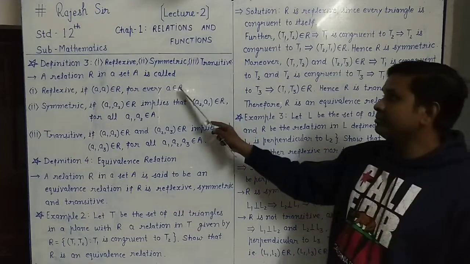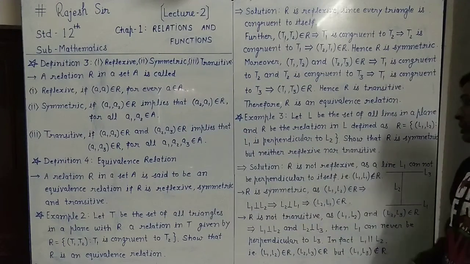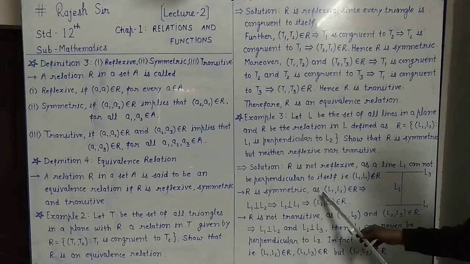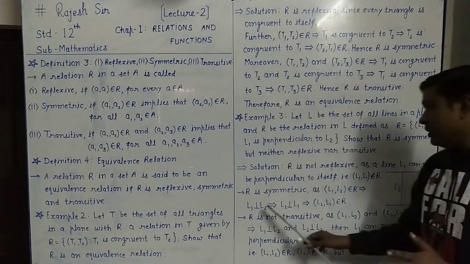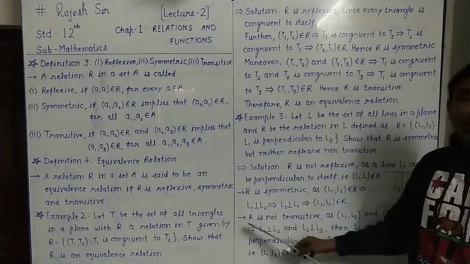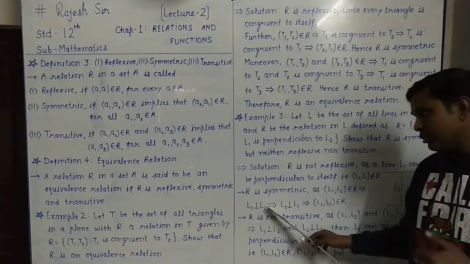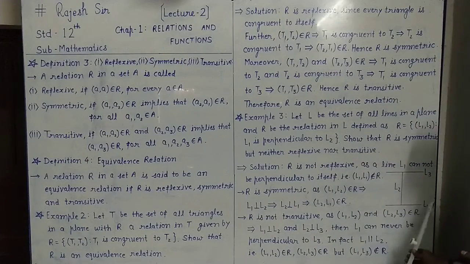Now we talk about symmetric. R is symmetric. That means (L1, L2) belongs to R implies that L1 is perpendicular to L2, as you can also see in the figure. In reverse also you can say L2 is perpendicular to L1.